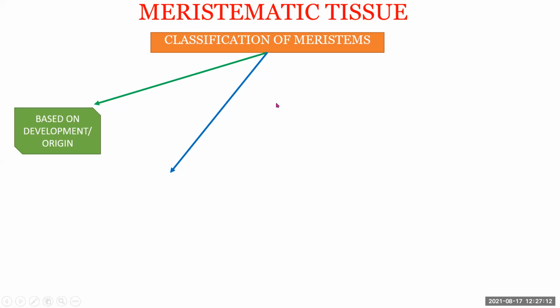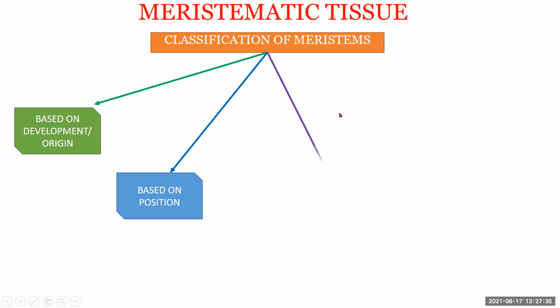And the second criterion taken into consideration is based on the position of the meristem. This is the second criterion for the classification of meristem.